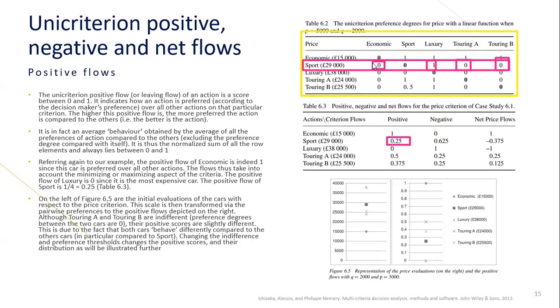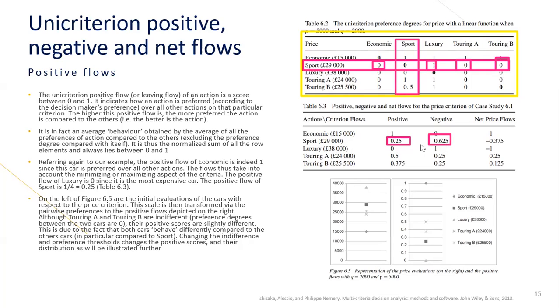What about the negative flow here? Negative flow. So you have 1, 2. Not that one. It's this one now. Okay. So you have 1, 2, 3, 4 here. 1 plus 1 plus 0.5. So 2.5 divided by 4 is 0.625.